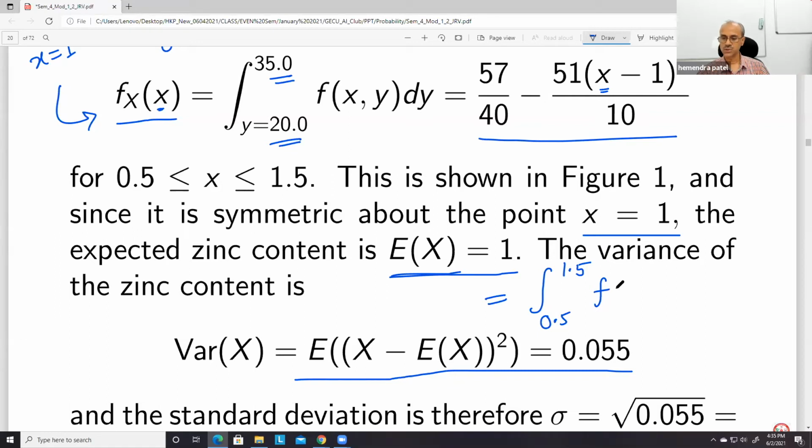So this will be equal to the integral from 0.5 to 1.5. This fxy will be there, and this square x minus 1, because Ex is 1, so x minus Ex is x minus 1 whole square fxy.